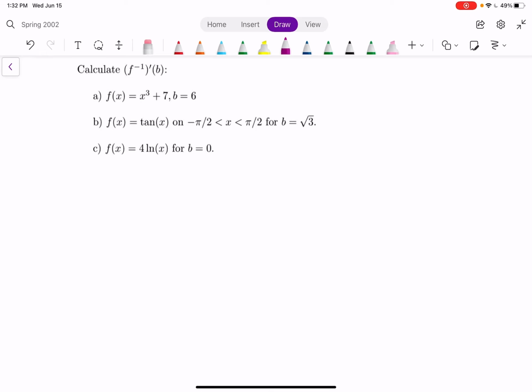Okay, so we know for B that f of x equals tan of x, from -pi/2 to pi/2, and they say that b equals √3.